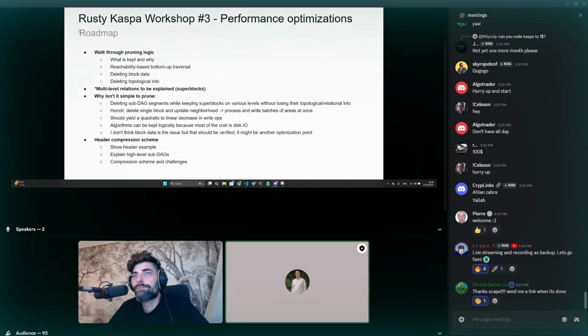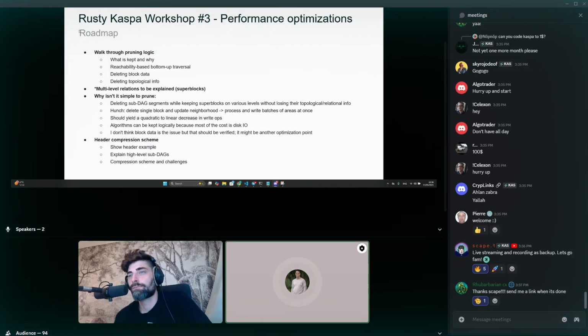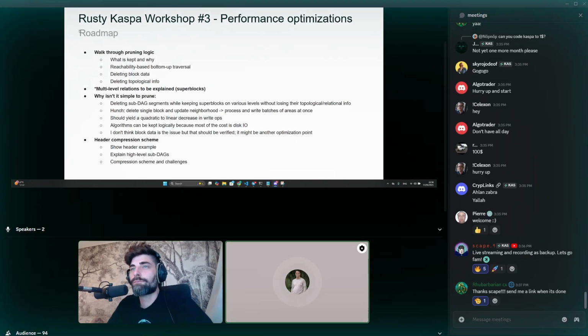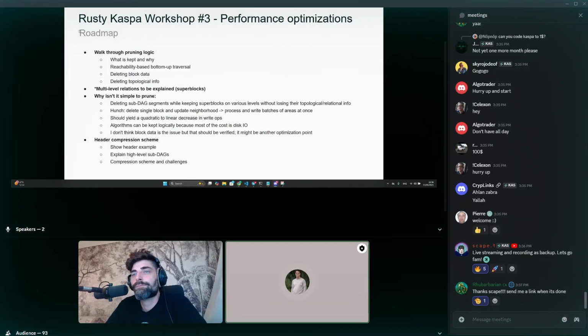So explaining pruning, we might need to explain what multi-level relations are for both of the tasks, since it's related to both of them. Then why isn't it simple to prune? The gist of it is that we need to keep superblocks here and there without losing their reachability and DAG structure info.